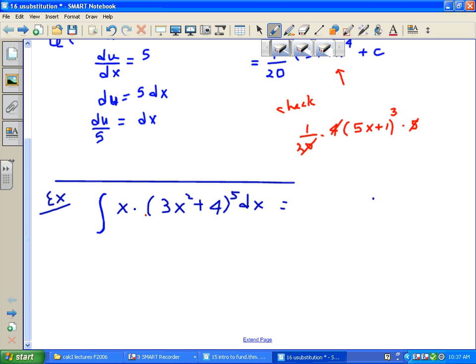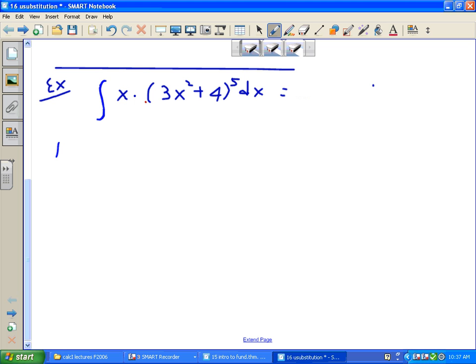How can we do it instead with U-substitution? Okay, so let U be something. What do you think we should select for U in this case? Now, it's a good guess. I haven't yet told you the rationale as to how you should pick your U, but in general, here's the rule.